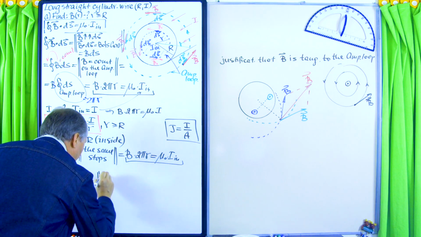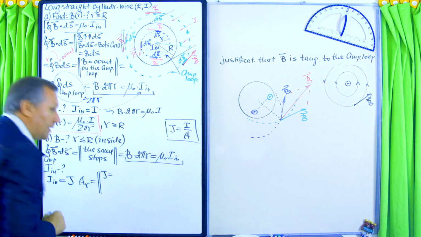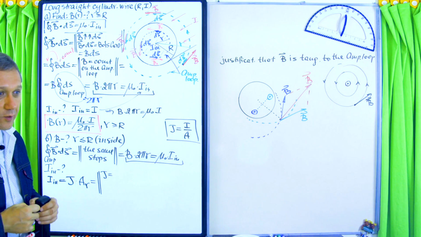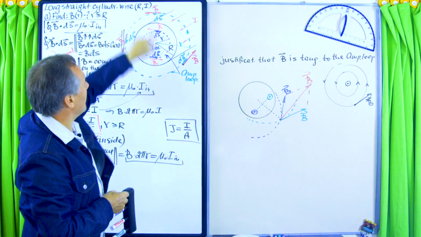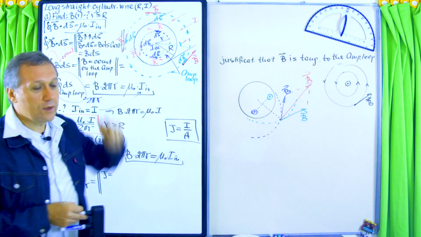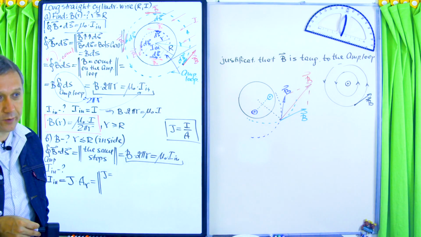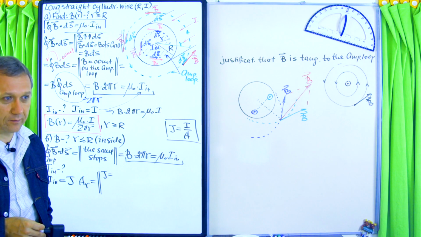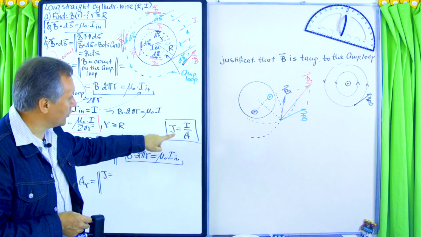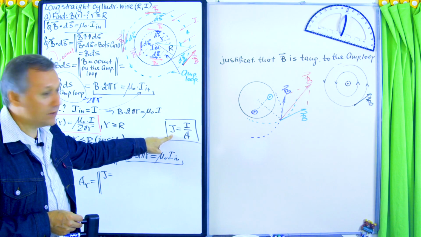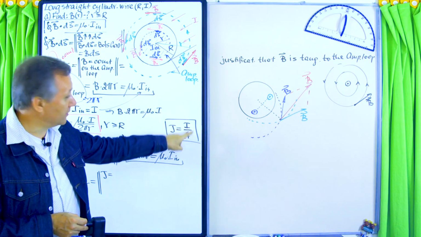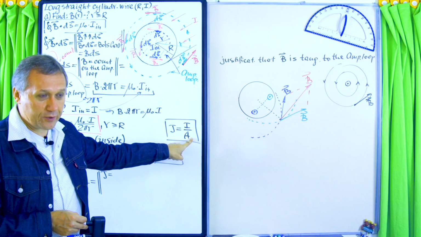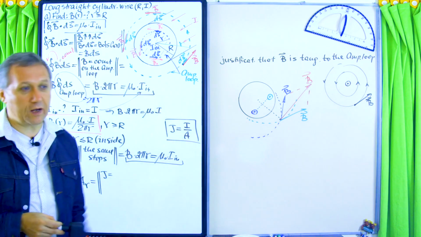how can we find current density? Current density can be found using the current which is given in the problem. We know this current I is distributed over the whole wire with radius r capital. Again, the same formula. We need to find current density using the total current. So total current divided by the cross-sectional area over which the total current is distributed.